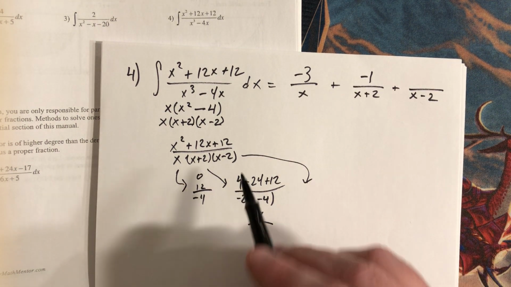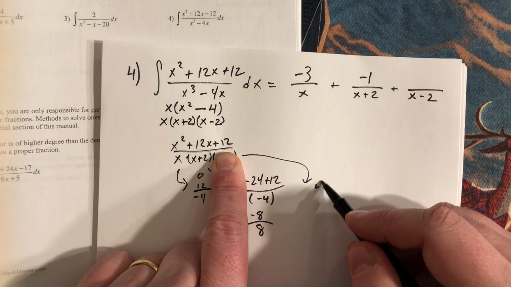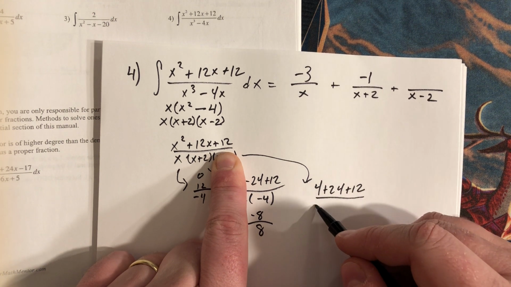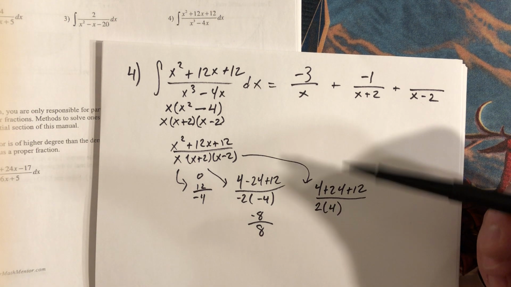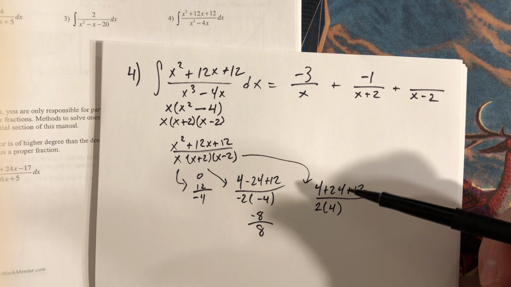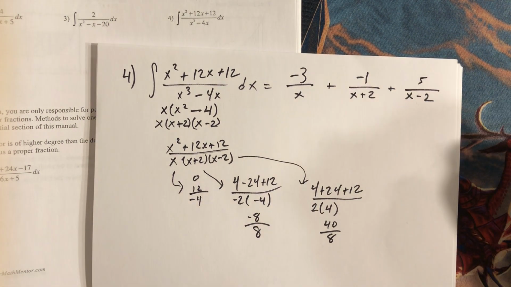And then we'll cover up the x minus 2, plug in a 2 to everything. And so this time, let's get a 16 plus 24, looks like that's 40 over 8, which is 5.